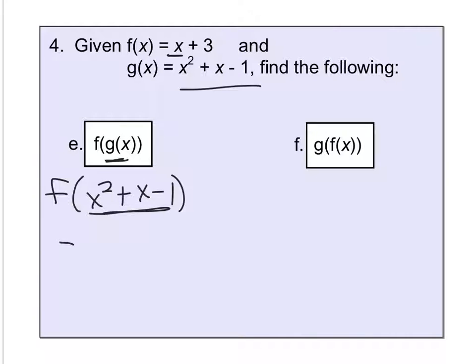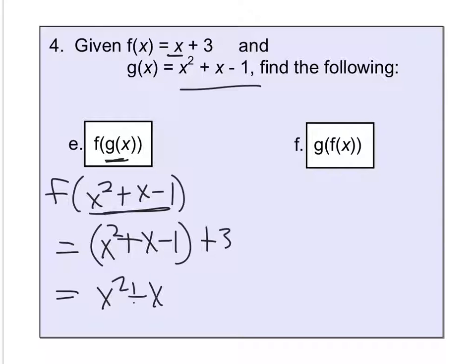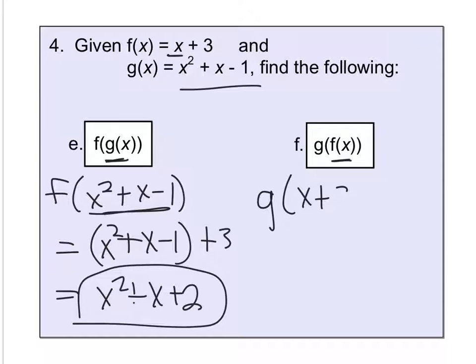So what that means is I'm going to have x squared plus x minus 1, that whole thing plus 3. So my final simplified answer is going to be that. I'm going to take the entire function and put it in the other function. So f of x is x plus 3.